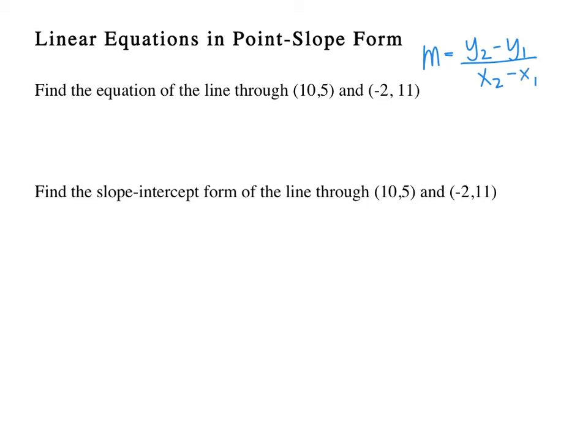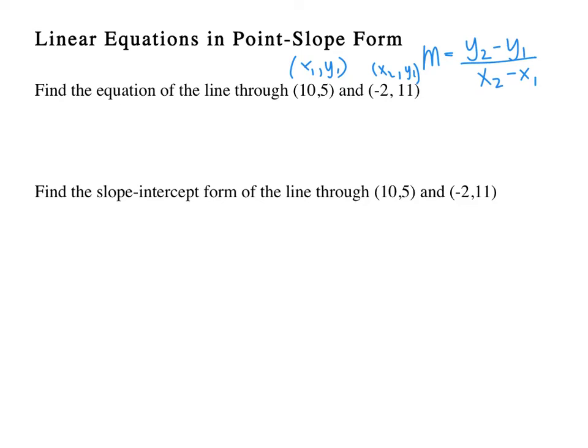It doesn't matter which point you assign as x1, y1, x2, y2. It doesn't matter which one's which. It'll come out the same based off of the signs. But just make sure that you keep them together. So we're going to make this x1, y1, and this one x2, y2.